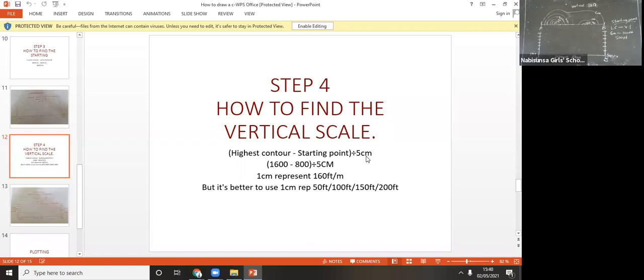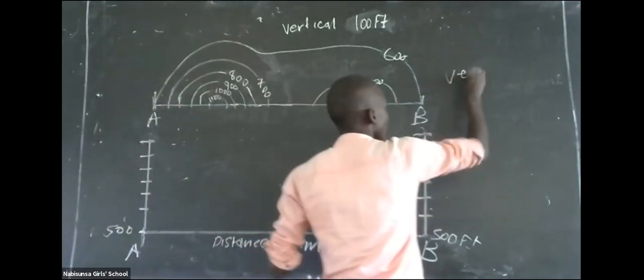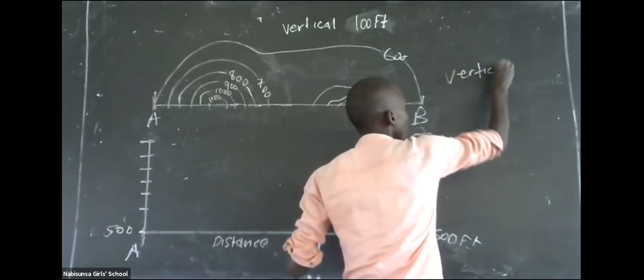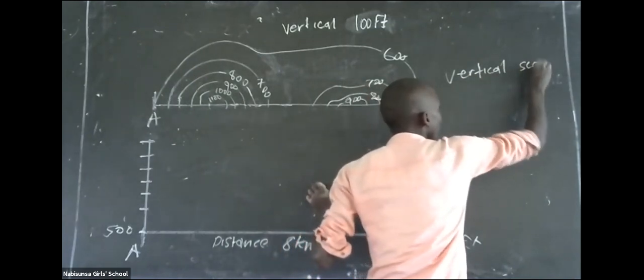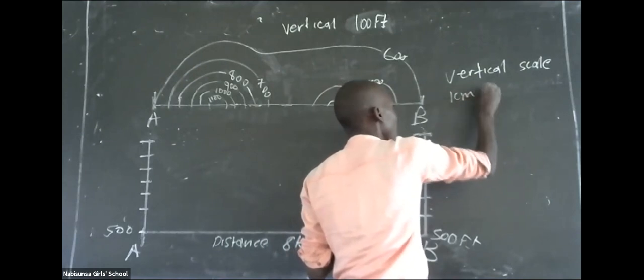Let me write it on the blackboard. How do we get the vertical scale? The vertical scale, what we want to say is 1 centimeter real.